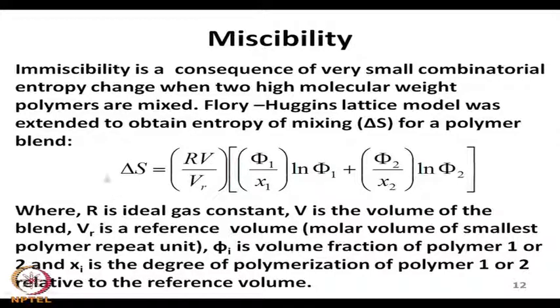we can use this equation: delta S equals minus R V by V_R into phi 1 by x 1 into ln phi 1 plus phi 2 by x 2 into ln phi 2, where R is the ideal gas constant, V is the total volume of the blend of the component polymers P1 and P2, and V_R is a reference volume, the molar volume of the smallest repeat unit of the two component polymers, and phi 1 and phi 2 are the volume fractions of the two component polymers.